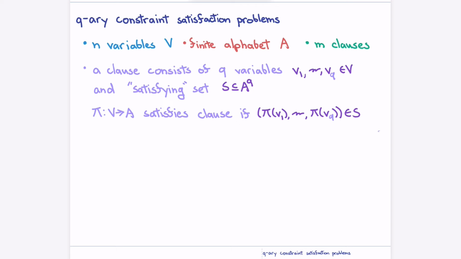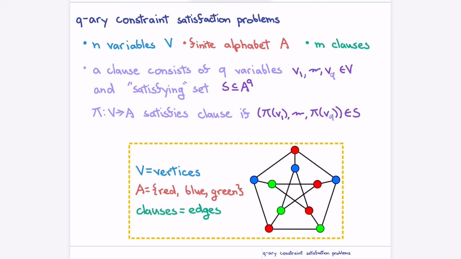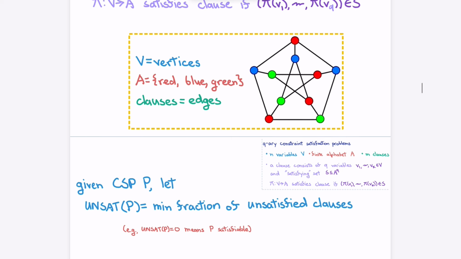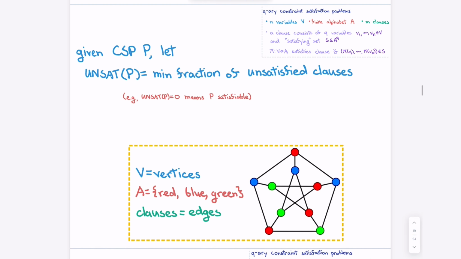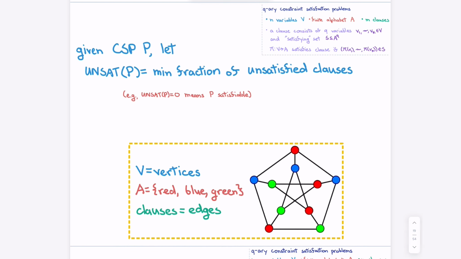Good. So a simple example is graph coloring, where each edge represents a clause. Now, just some notation. Given one of these problems, I'll write unsat to be the minimum fraction of unsatisfied clauses possible.